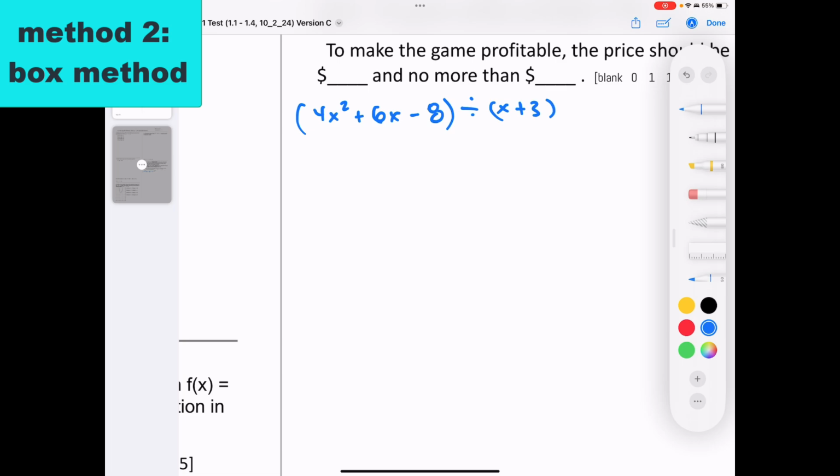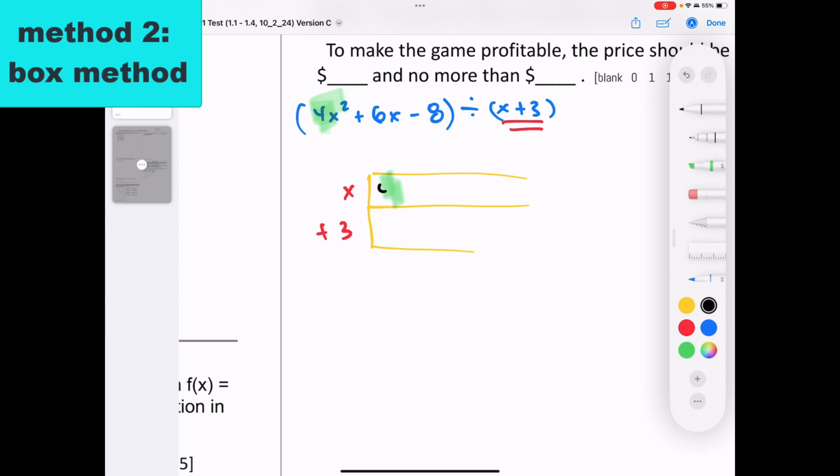Hey guys, let's go over long division but using the box method. So I'm going to take the x plus 3 and write it over here on the outside. And then we're creating this box. And the starting point will be just the first term.